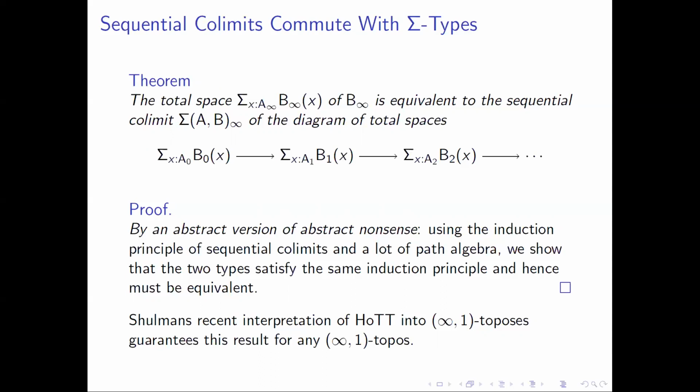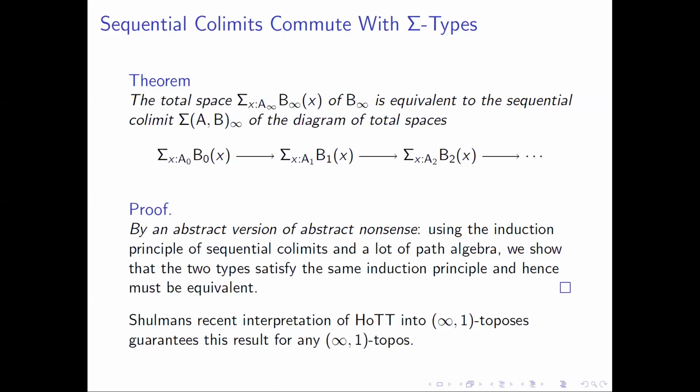Whereas the latter type, which is a sequential colimit of sigma types, is very easy and pleasant to work with. So we really do want these two types to be equivalent. That makes our life a lot easier.